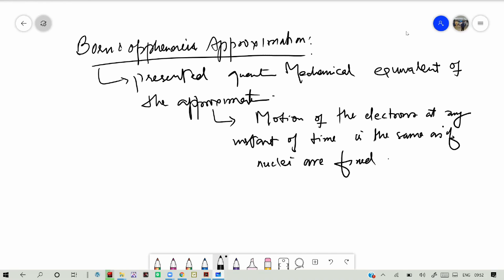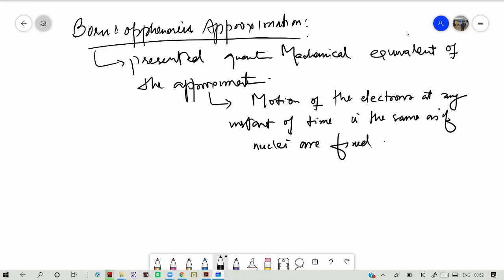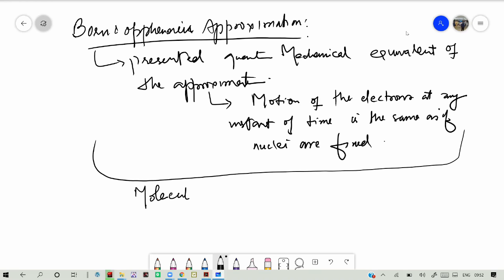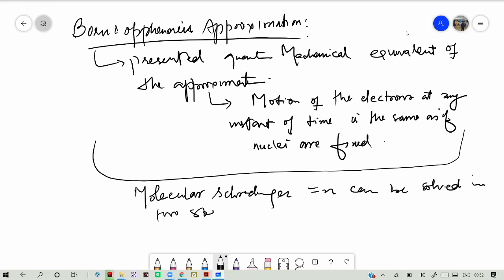So how did they do it? We will derive that. We will see that in this class. Another point was that to use this approximation and to derive a result out of it, they showed that the molecular Schrödinger equation can be solved in 2 steps.